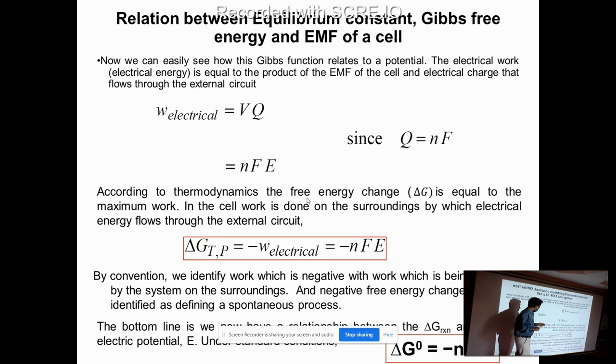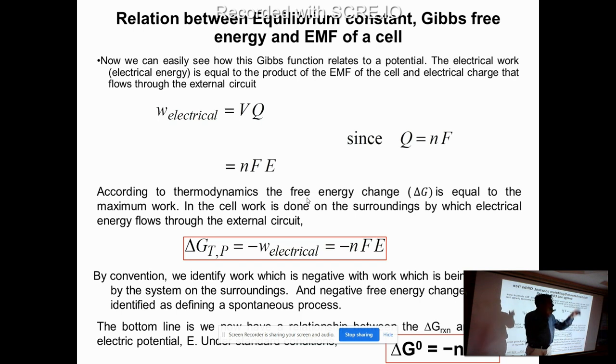Now, because delta G in the previous slide we have formulated as Gibbs energy equal to the electrical work with the negative sign, I can write electrical work is equal to minus N F E. So this is the expression I told you earlier: delta G is equal to minus N F E. So in the electrochemical series, if you have E naught values, subsequently you know what the delta G values are. How do I obtain delta G values?